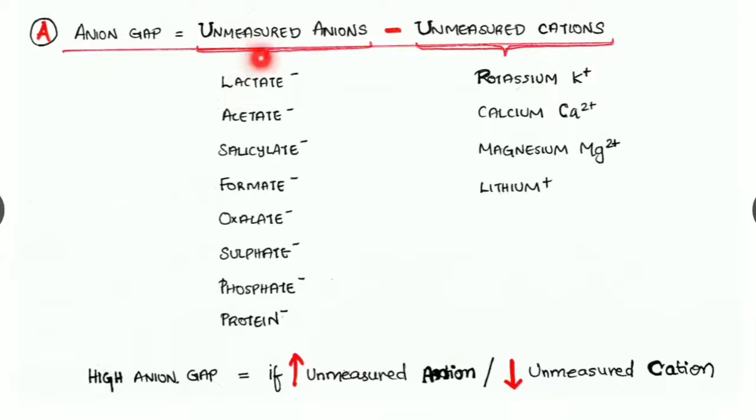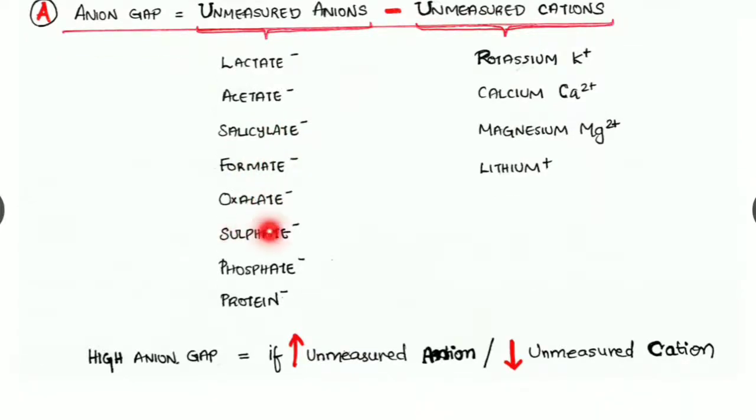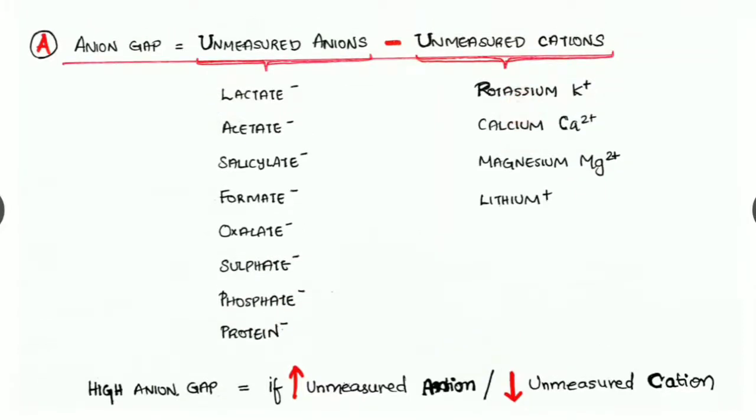Examples of unmeasured anions are lactic acid, acetic acid, salicylate, formate, oxalate, sulfate, phosphate, proteins, etc. Whereas the unmeasured cations are potassium, calcium, magnesium, lithium, etc. And this difference in their charges gives rise to the anion gap.